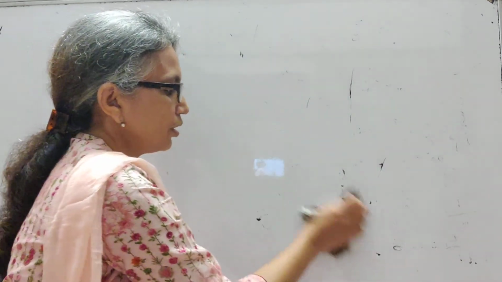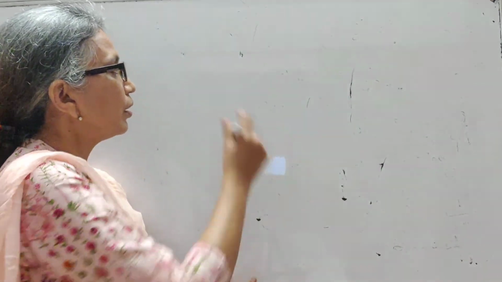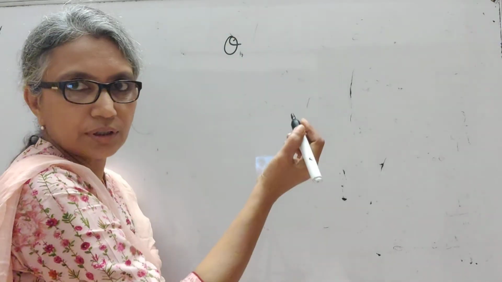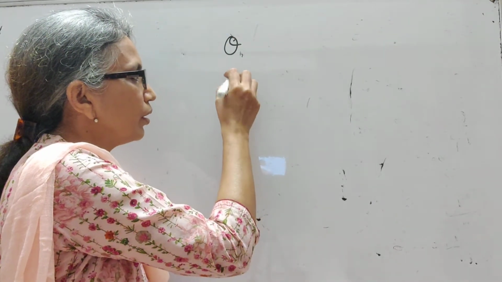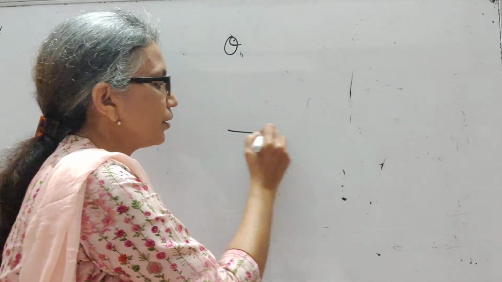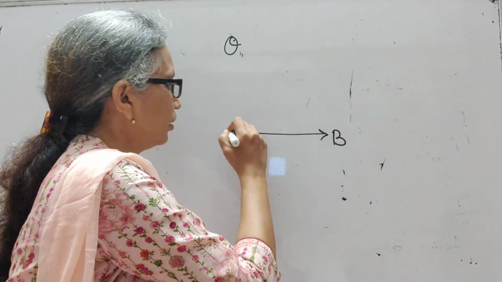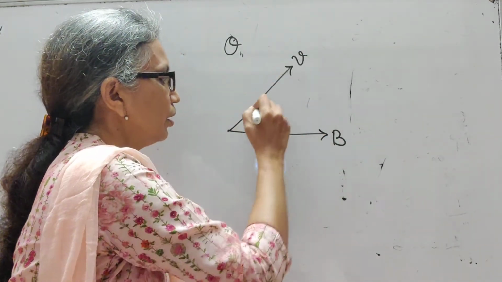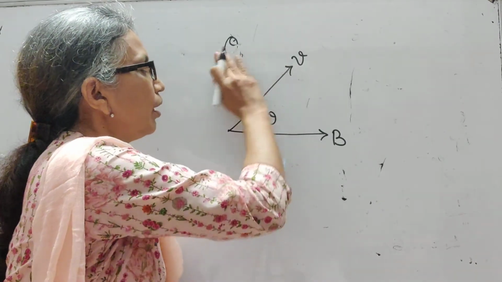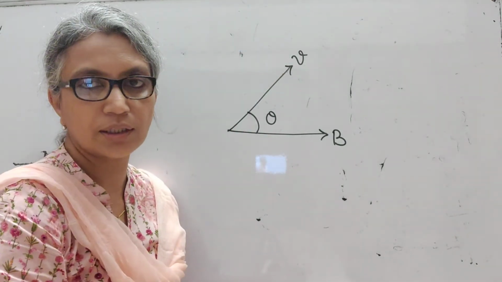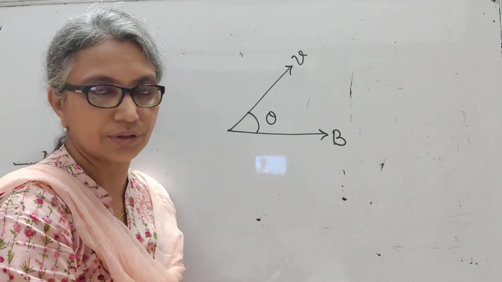We have the third case where theta is some arbitrary angle. Let's say this is the magnetic field B, this is the velocity, the two of them make an angle theta other than 0, 180, 90. All those three cases we discussed already.